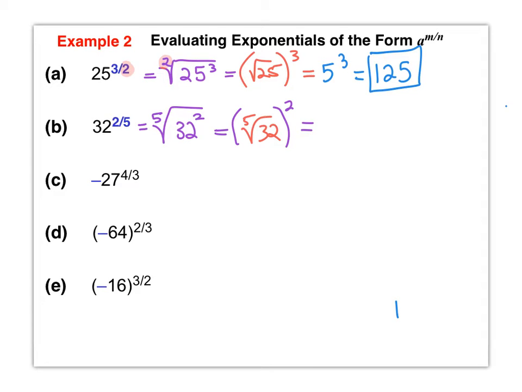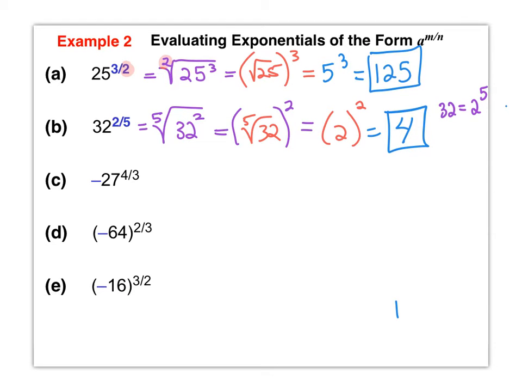And the 5th root of 32 is 2. Recall that 32 can be written as 2 to the 5th power. So the 5th root of 32 is 2, all raised to the 2nd power, and that simplifies to 4.